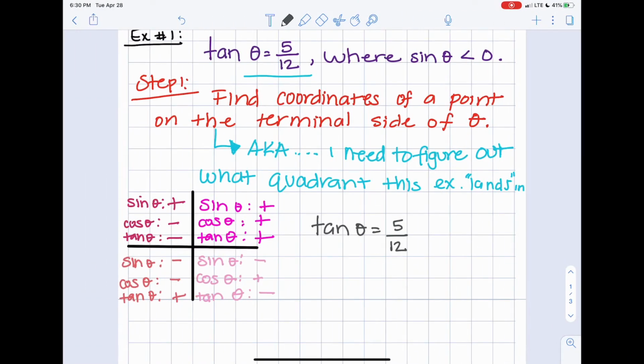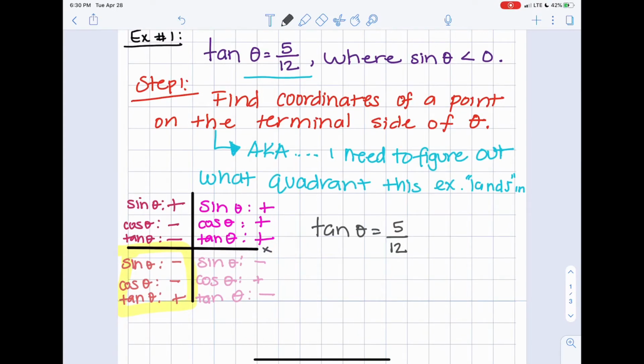Okay, so I rewrote my original equation. Now, we agree here that if I graph this, it lands in this quadrant here, right? And this is an x and y axis. This is x, and this is y. We know that numbers that exist here are positive.